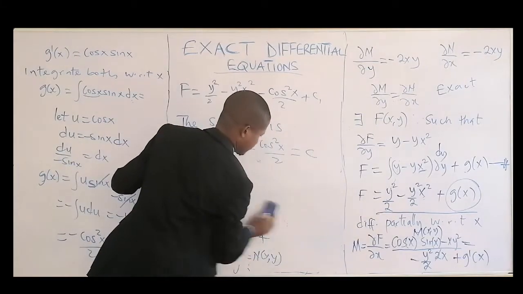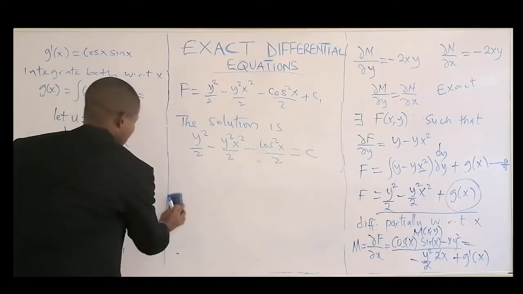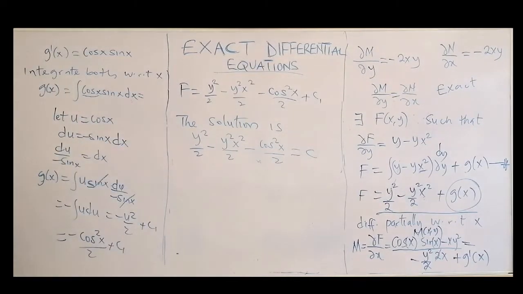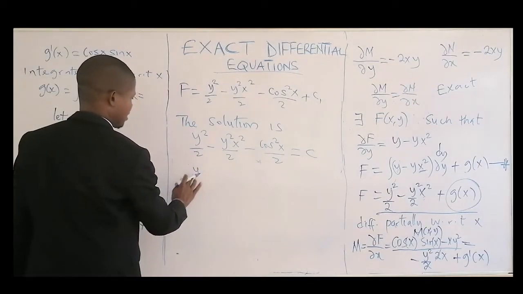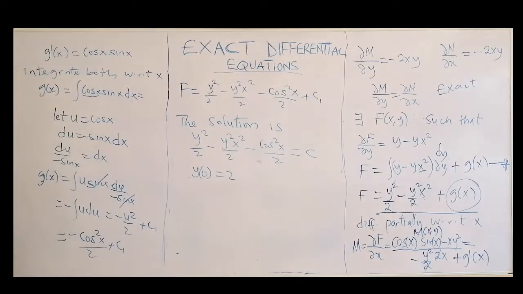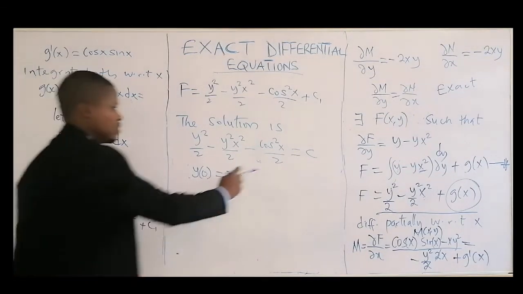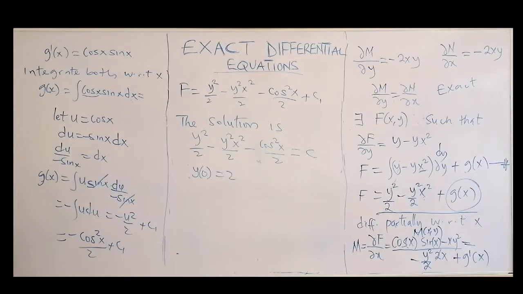So we have the solution already now. Then we also have the initial condition. We have some values here: the initial value, we have this equal to 2. The essence of that is for us to get the value of c.